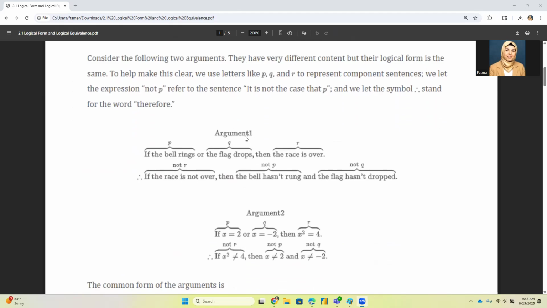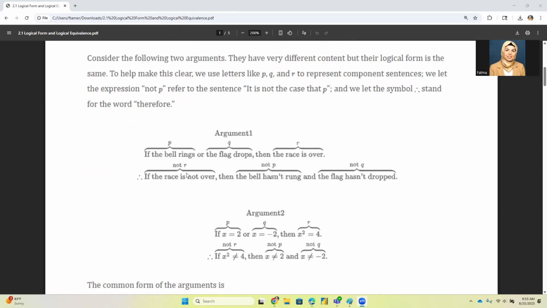So argument number one is, if the bell rings or the flag drops, then the race is over. If you label them as P, Q, and R, the bell rings is P, the flag drops is Q, the race is over is R. So P or Q, then R. Now, if you also look at the expression not P, which is, it is not the case that P happens.